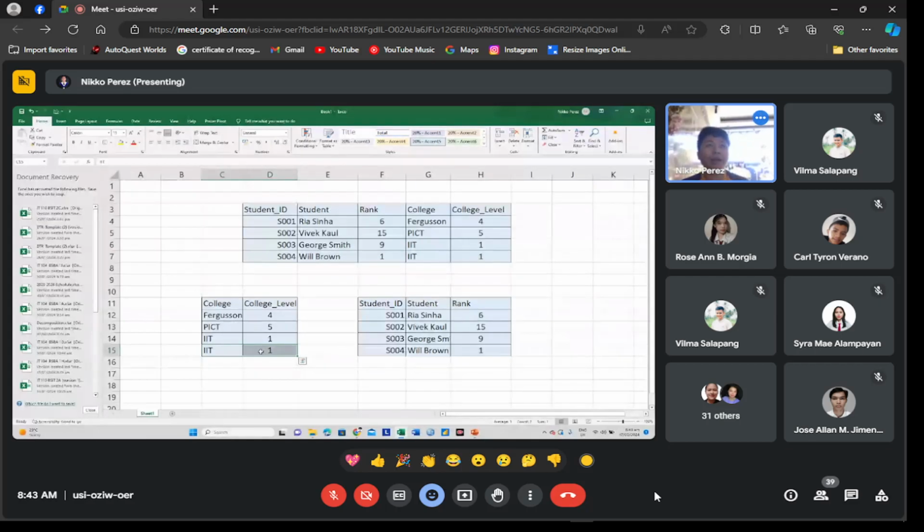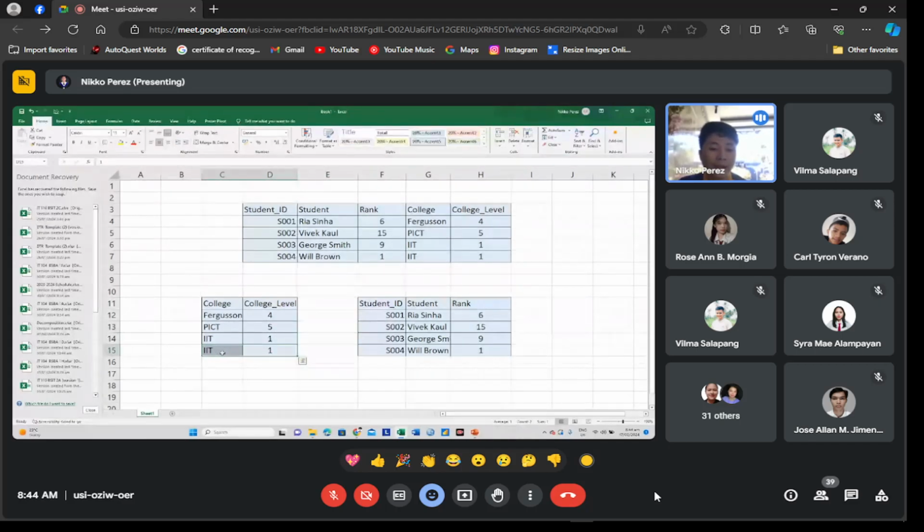Class, by the way, how are you going to spot if you are working with repeated data? Sa atong table, kung mag-breakdown na bitaw tag table, ato nang i-separate. Dapat IIT will only have one representation.